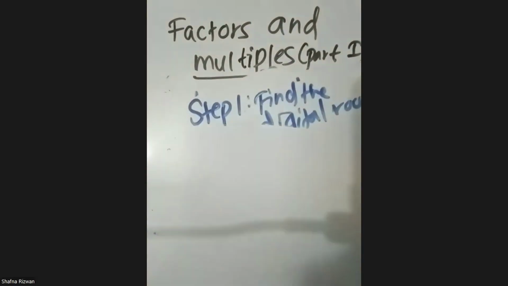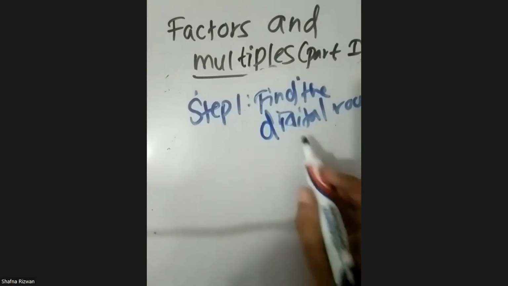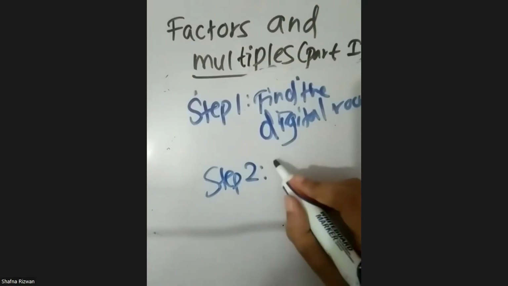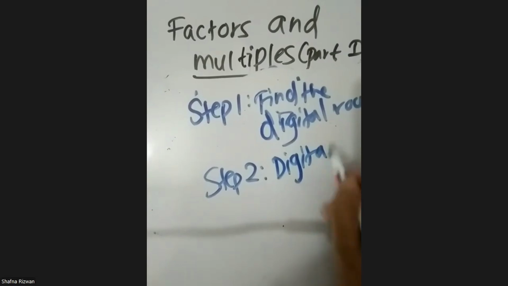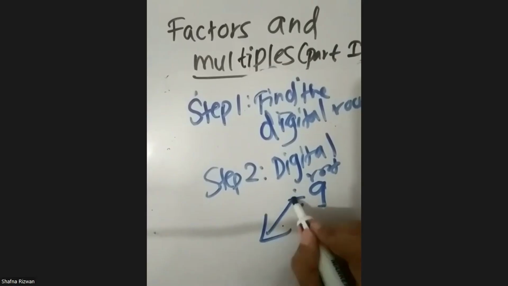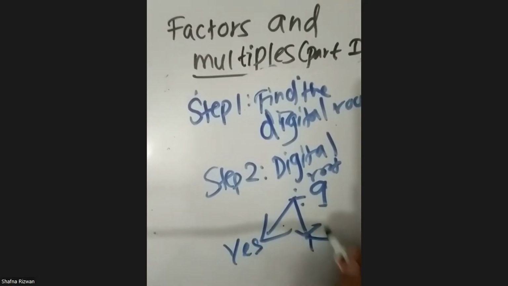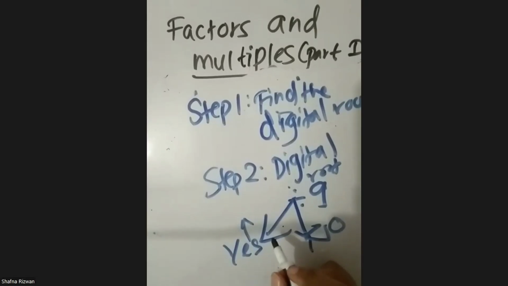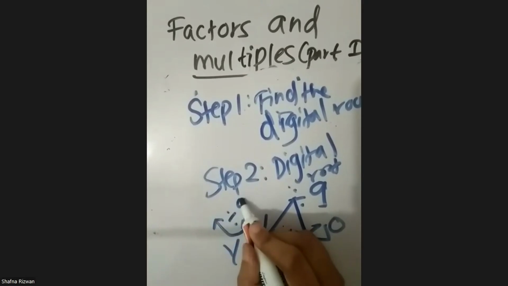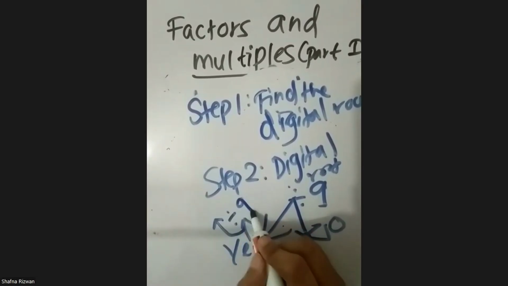First of all, you all have to find the digital root of a number in step 1. After that, in step 2, you have to take your digital root and see whether it is divisible by 9 or not. Then you can get two answers: yes or no. If the digital root is divisible by 9, if it is yes, then your main number automatically becomes divisible by 9.